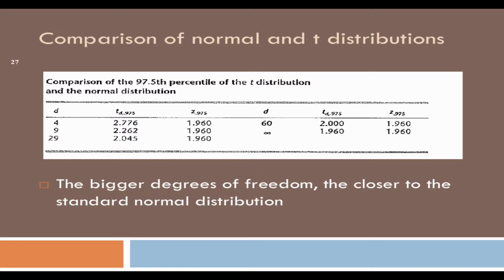If it's 4 degrees of freedom, this quantile is almost 1 unit bigger than 1.96. You just need to push it even further. So this is the intuition behind why the degrees of freedom decide different quantile values.